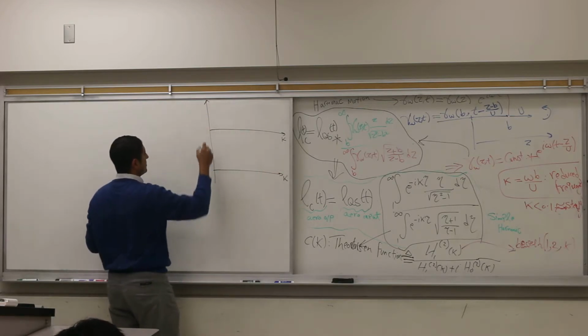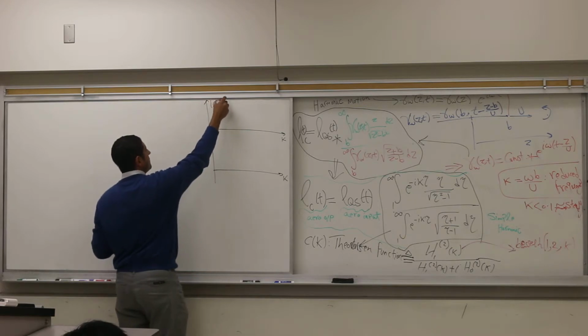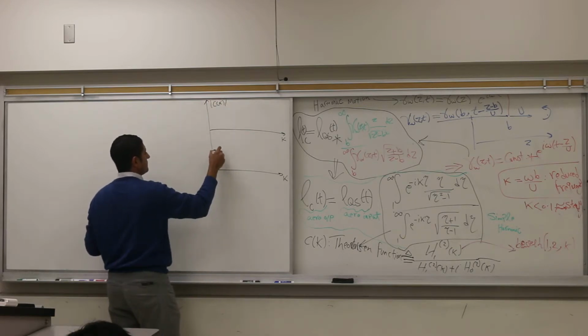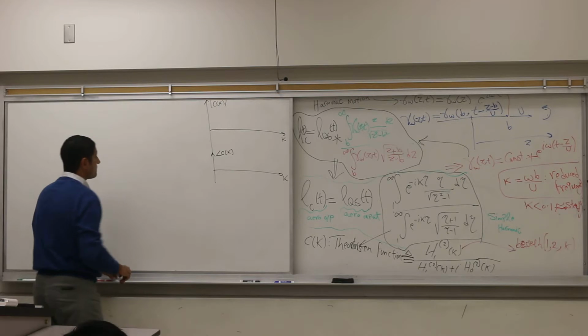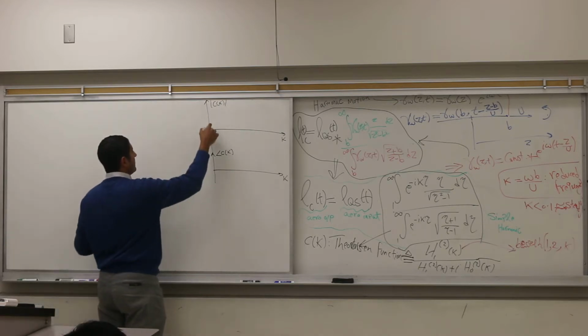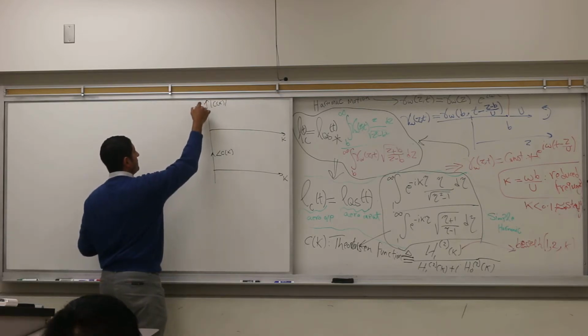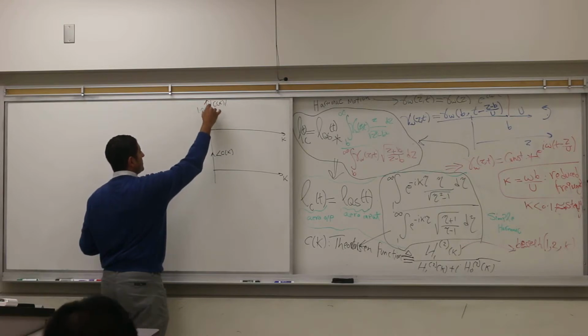It's a complex number, so it has magnitude and phase. The angle is tan inverse of imaginary over real. The magnitude is the square root of real squared plus imaginary squared. At k equals 0, the magnitude is unity, and it decreases like this.